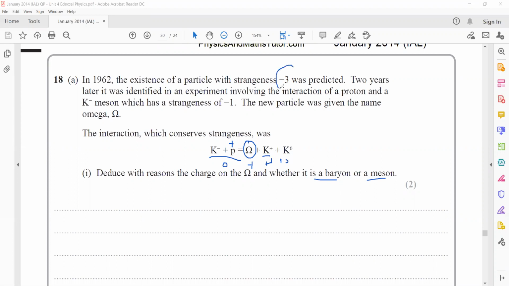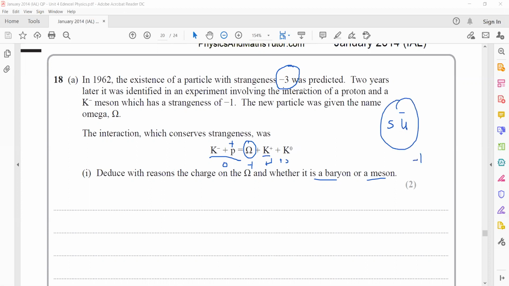And then whether it's a baryon or a meson, as you can see, they mention that its strangeness is -3. So if the particle's strangeness is -3, it means it is a combination of 3 quarks. It is not a combination of 2 quarks. If it was a meson, for example strange and anti-up, what is the strangeness of this particle?